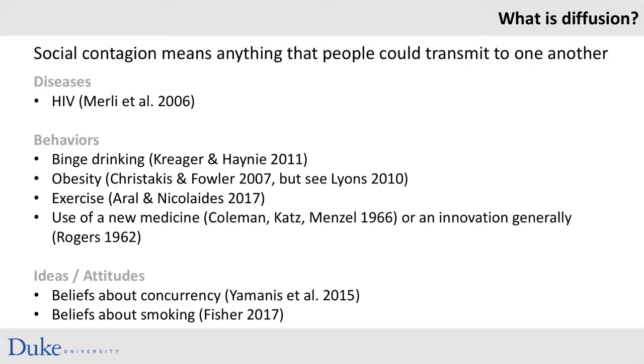So there is some possibility that behaviors like drinking, exercise, and eating behaviors might spread through a social network, and those might have concrete impacts on health outcomes. Another area that I don't have on this slide that's quite important, or potentially quite important as well, is the diffusion of innovations.